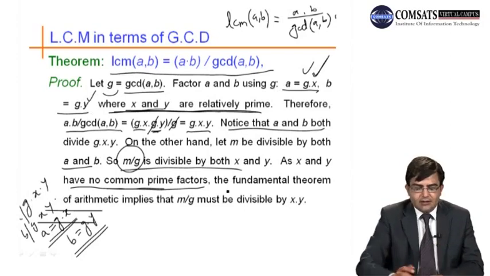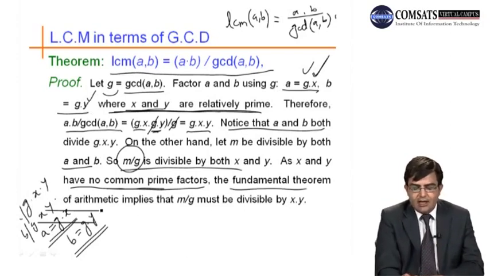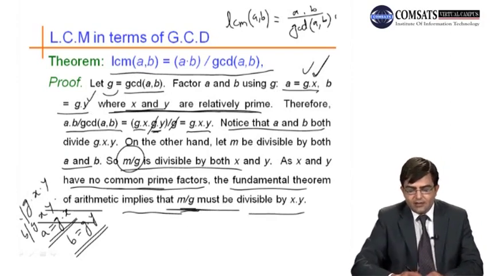Then by the fundamental theorem of arithmetic, M by G must be divisible by X into Y, because M by G is divisible by X and M by G is divisible by Y.